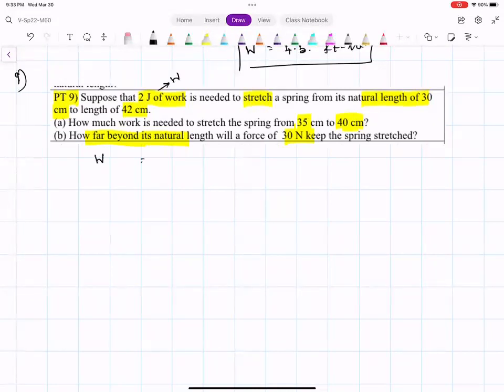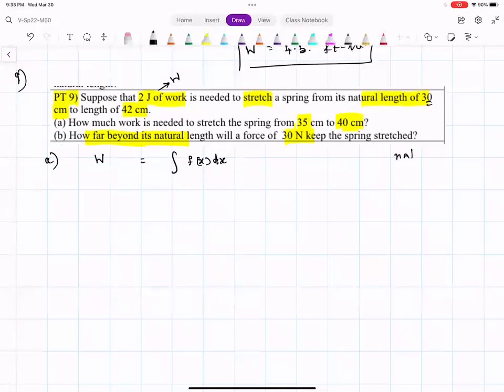Work done is the integral of f(x) dx, and we are not given the constant of proportionality, but we are given that this 2 J of work is done, which helps to stretch a spring from its natural length 30 to a length 42 centimeters.